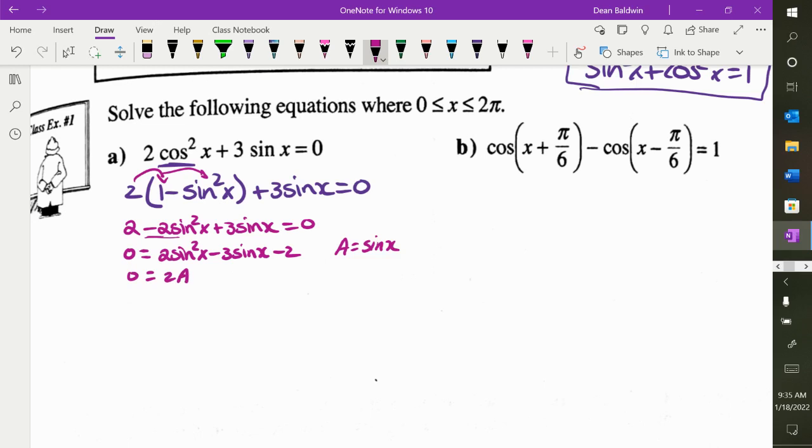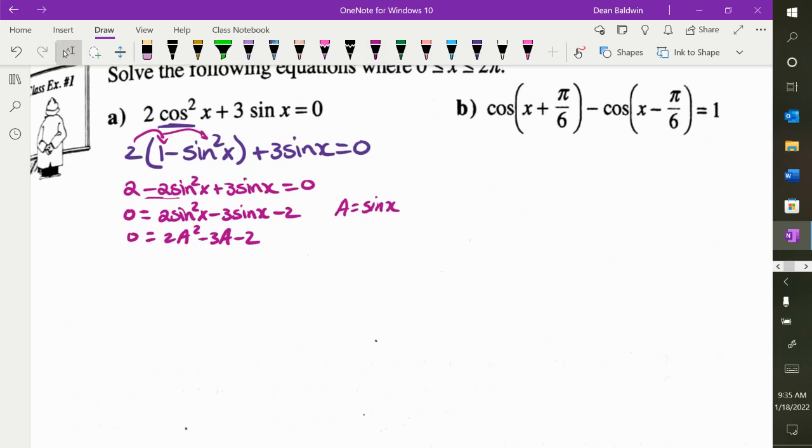So you'll get this, if you want to substitute it. That makes sense? All right, so when you factor it, this is what it turns into.